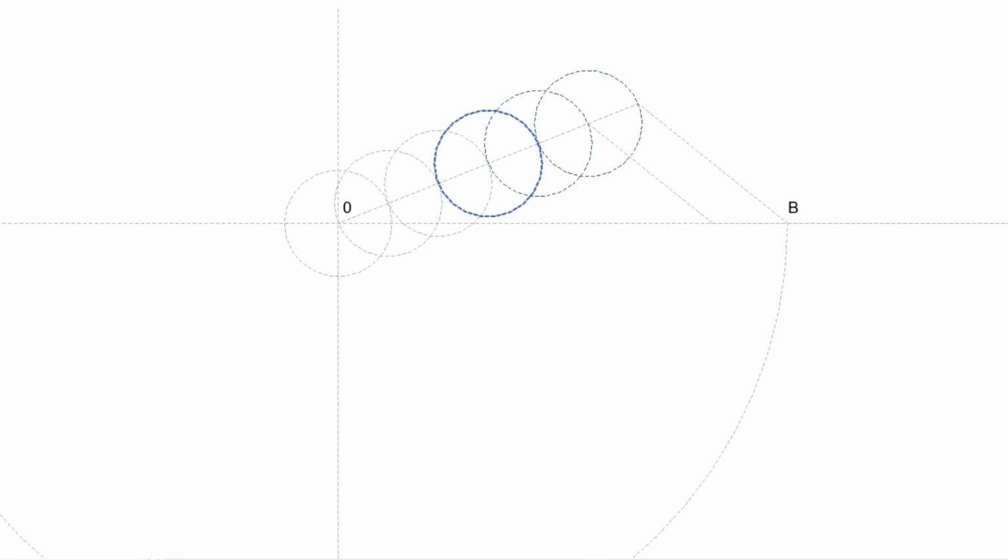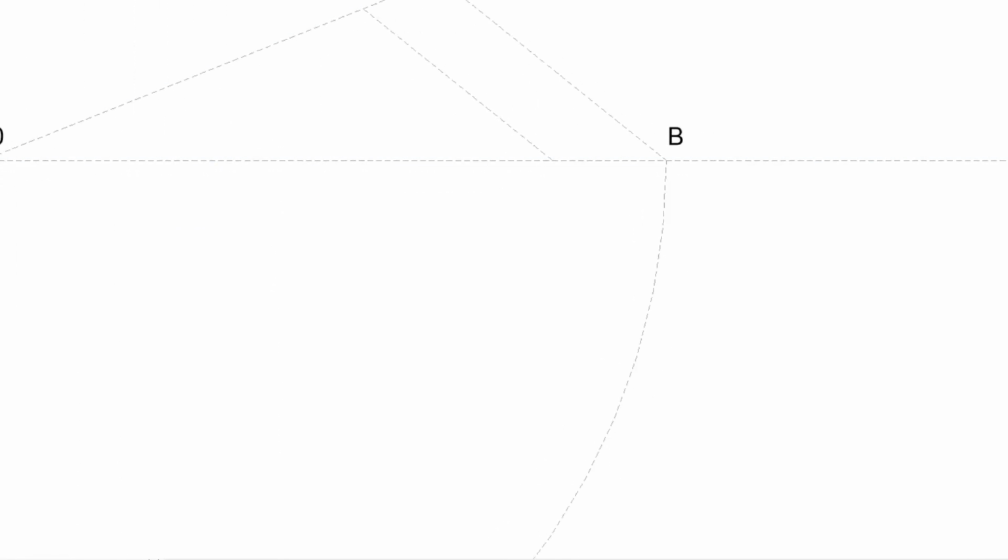So I'll delete these lines since I don't want them getting in the way there. They're just a temporary construction. And again, if you want to check if this distance fits into the width 6 times, just use your compass to do that. Just inscribe an arc from that point to this point.